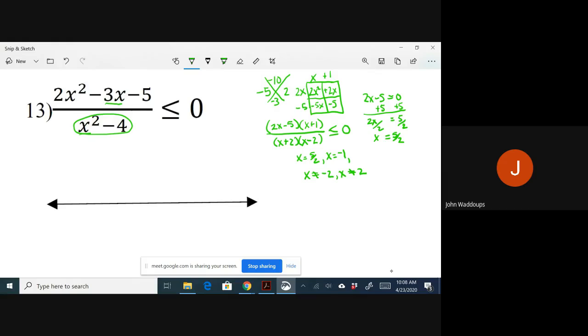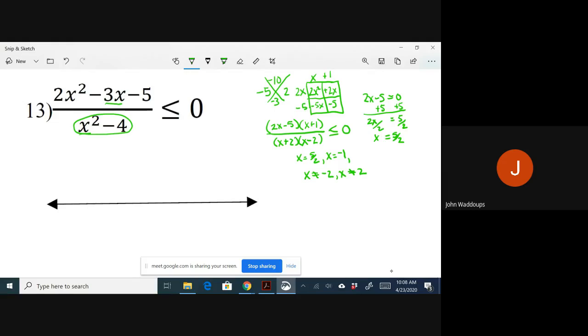And this one's different than the last examples that we saw because now it can be equal to 0. And so x equals 5 halves and x equals minus 1, those are allowed. But down here in the denominator, those can still not be 0 because it would cause this whole thing to not exist if x equals negative 2. You can't divide by 0.